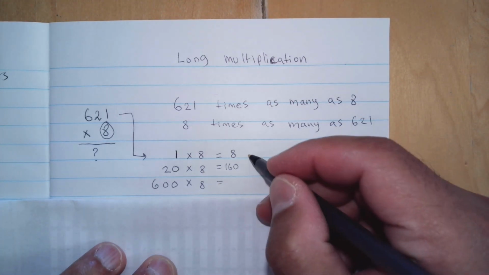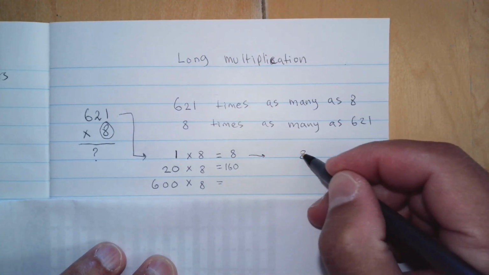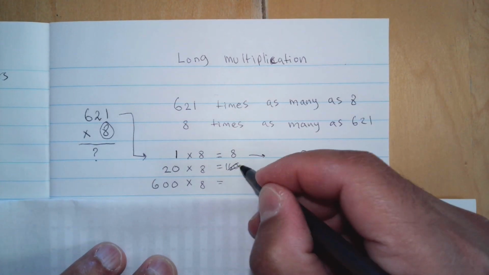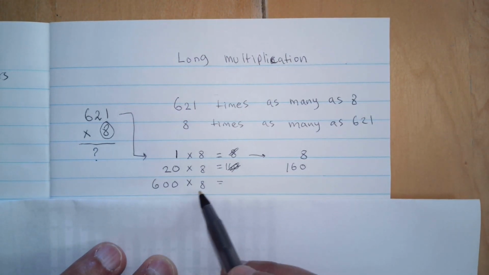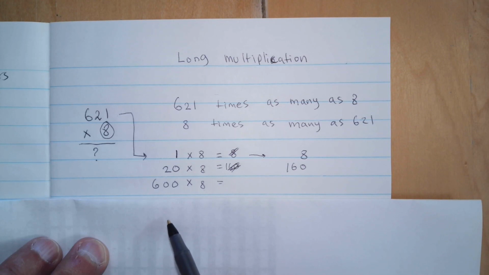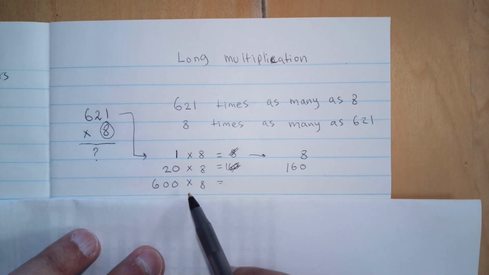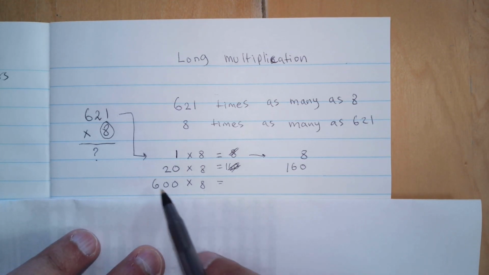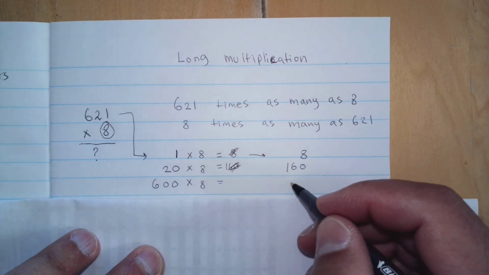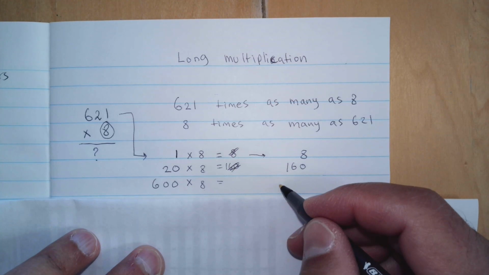Now, I'm going to push those numbers a little bit to the side, so I'm going to write it again. 8, 160, cross these out, because now we're talking about 600 times 8. Well, that's a big number, so let's go with 6 times 8. 6 times 8 would be 48.